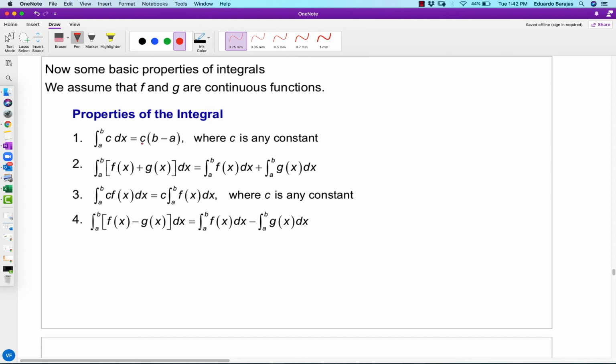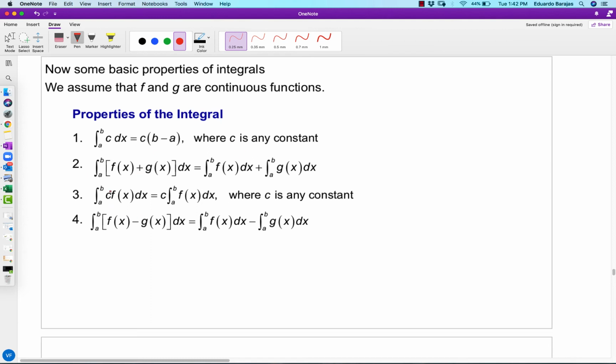We'll see why this is in a second, where c is any constant. Property 2, the integral of a sum of two functions dx is equal to the sum of the two integrals. Similar to the properties from Riemann sums, we can break it up into two separate integrals. The integral of a sum is equal to the sum of integrals.